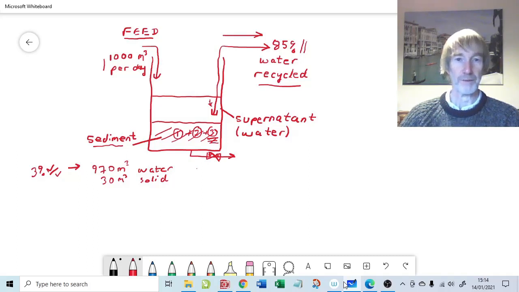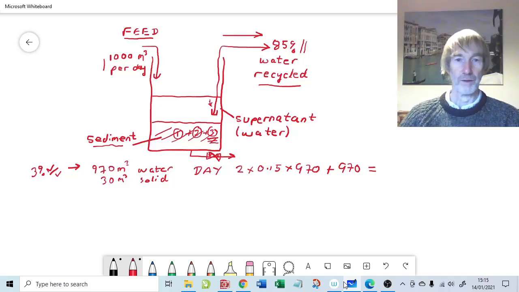And on day 3, we will have inside the tank 2 lots of 15%, or 0.15 times 970 meters cubed of water, plus of course the third day's worth of water, which is 970 meters cubed as well. So that will be the total volume of water on day 3.